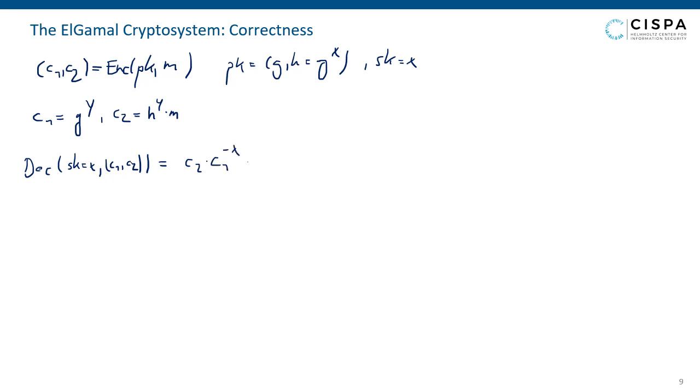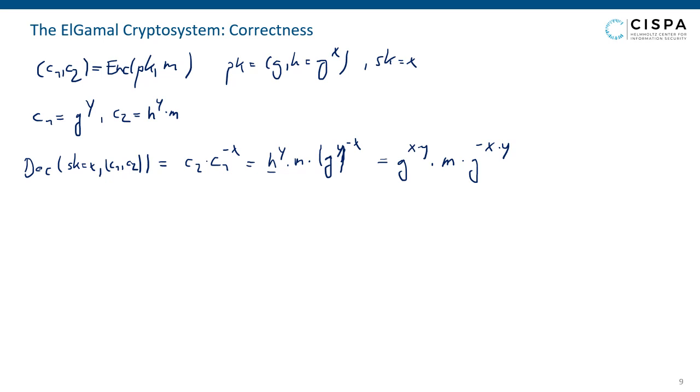But now let's just plug in C2 and C1. C2 is H to the Y times M times, well, what is C1 to the minus X? This is just G to the Y to the minus X. Now let's plug in this H. And we get that this is G to the XY times M times G to the minus XY.